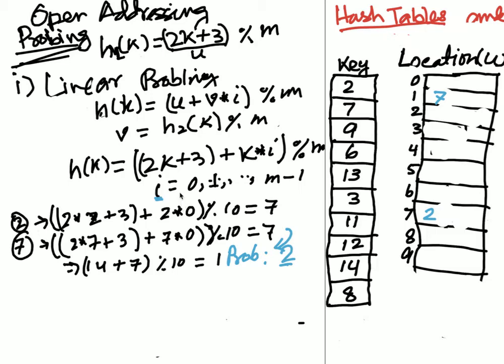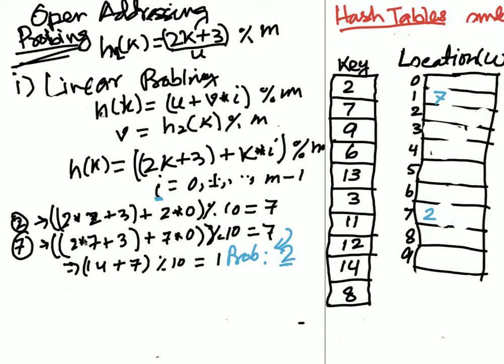So there is no guarantee that for a specific hash function we will be able to allocate all of the key values perfectly in the hash table. Okay, so that is the limitation.